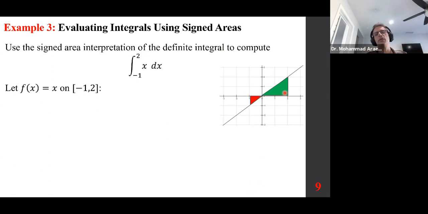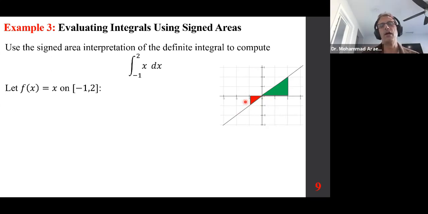Why am I using 2 different colors? Because when you have a function which is positive, this represents the area under the curve. But as you can see, a portion of it is positive above the x-axis, a portion of it negative below the x-axis. So it represents the difference of areas. It's the net area. So the area of the green minus the area of the red.